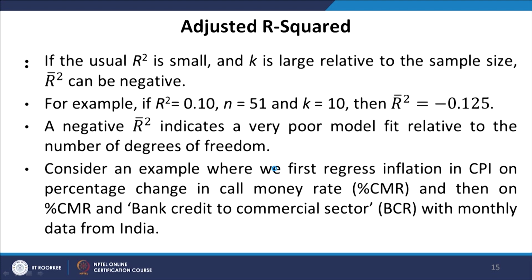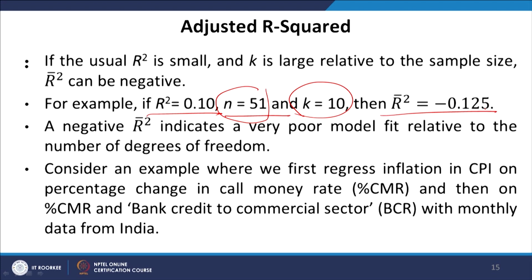For example, if R square is 0.10, we do not have a good fit anyway. And then we additionally have a relatively smaller sample and a relatively larger number of independent variables. Then what happens? Our R bar square is negative. A negative R bar square indicates a very poor model fit relative to the number of degrees of freedom.